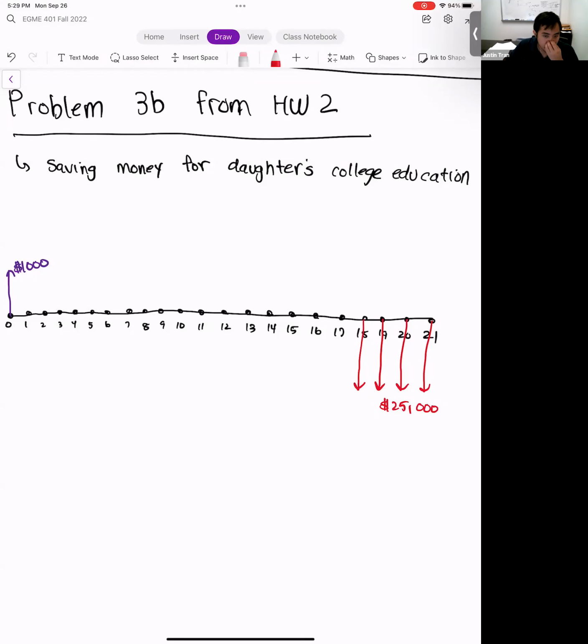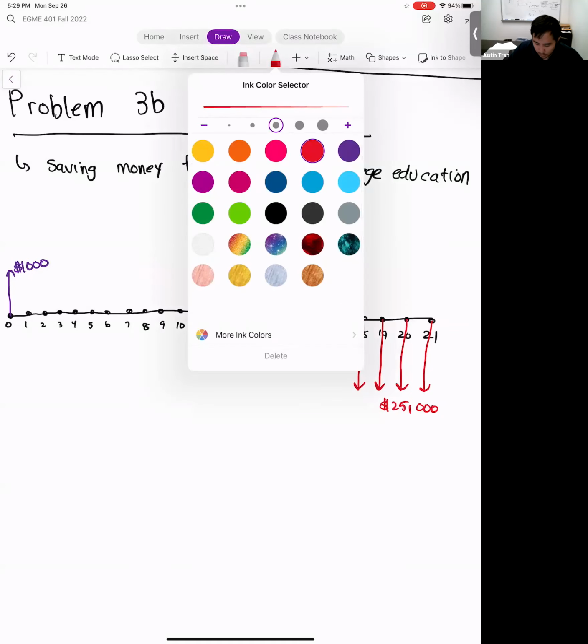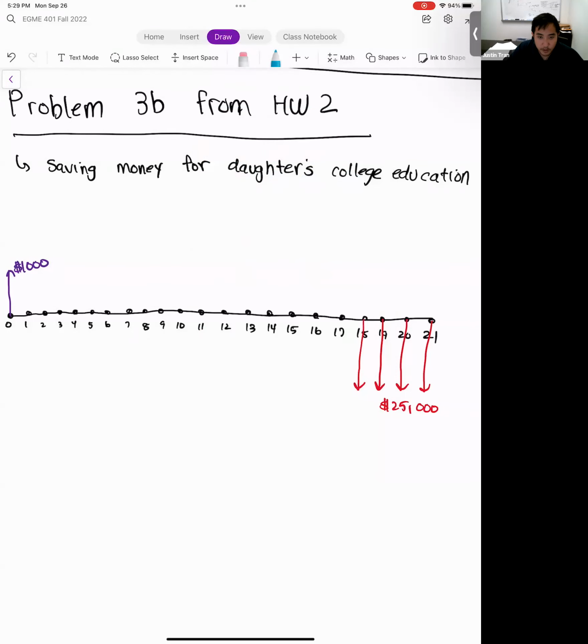All right, and so the next thing the problem says is that starting in year 4 and going on for 4 years, the parents are going to be able to invest $1,500 a year. And so years 4, 5, 6, and 7, this is all going to be $1,500 a year. And starting in year 9, they're going to be able to increase their investment amounts by a flat amount each year.